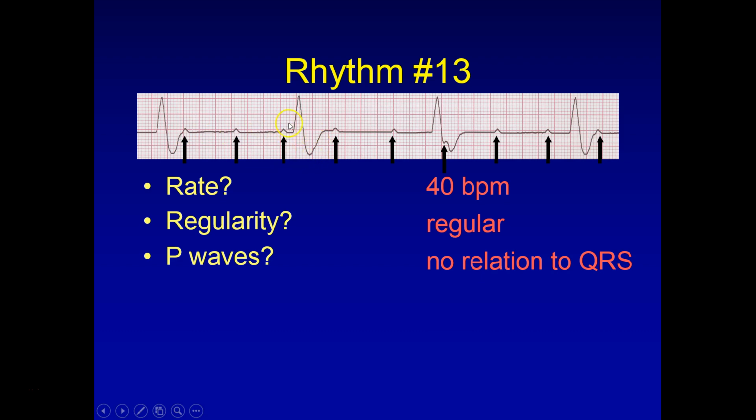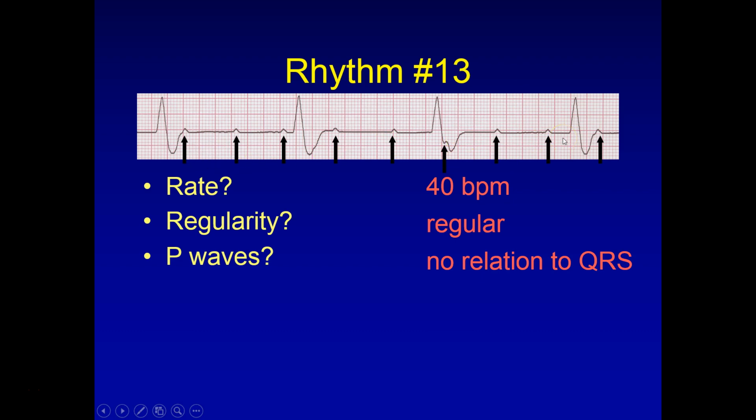So, it's AV disassociation. If I should have a QRS here, and the QRS should be narrow. I should have a QRS somewhere around here. It should be narrow. Same thing right here. Somewhere around here, I should have a narrow QRS. So there's no relation.